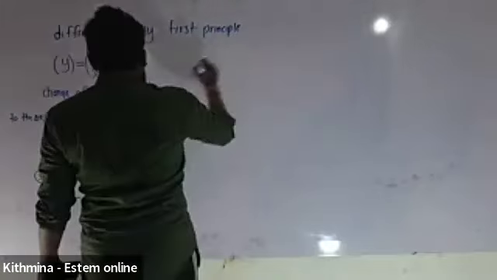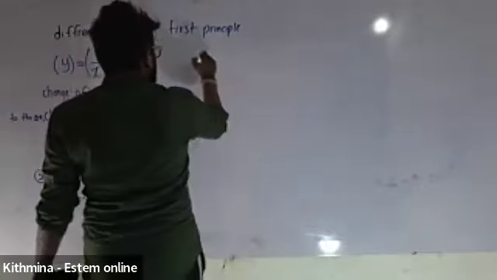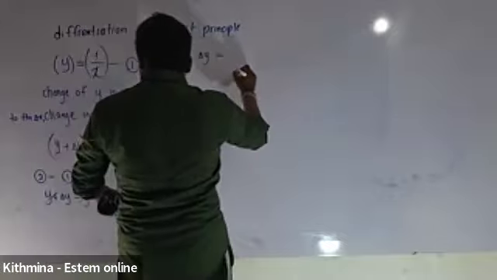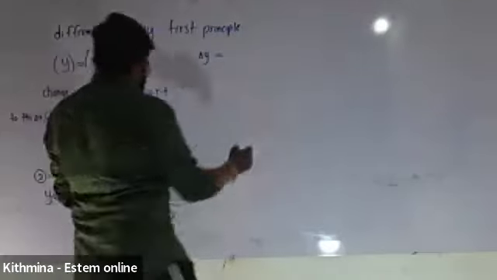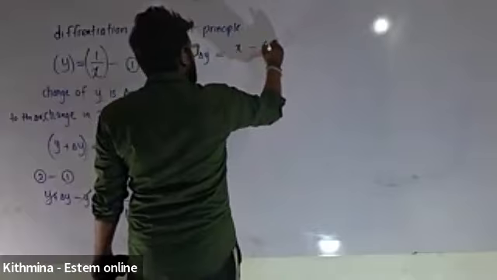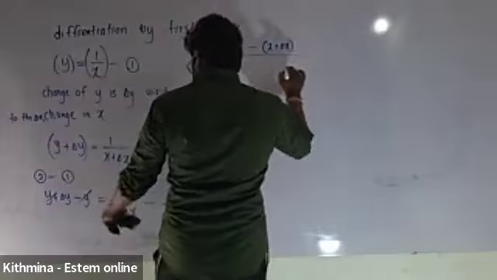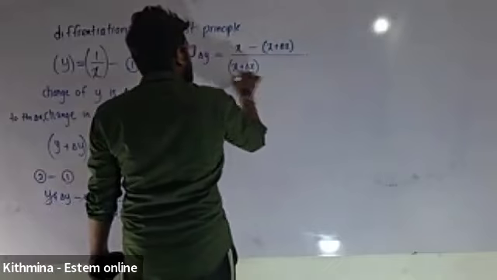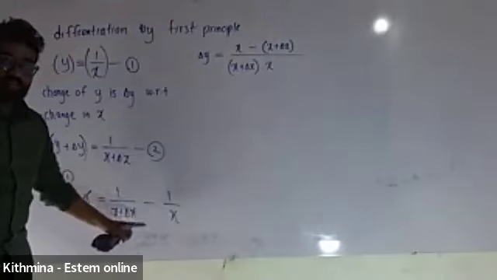Now I get this, and y will be cancelled out. In here, delta y equals. Here we should get a common denominator: x minus x plus delta x, and here x plus delta x times x. I got a common denominator.